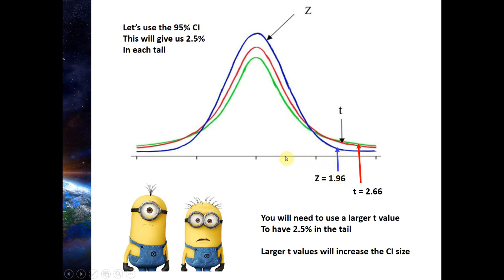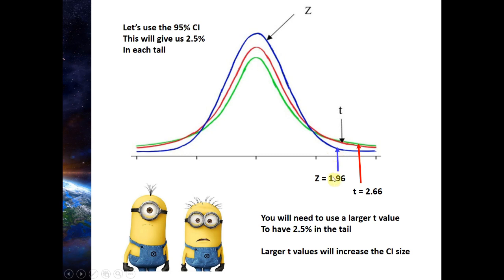Now, also remember that the total area under the curve between plus and minus 1.96, that middle portion here, is 95%. Well, if this is 95% in the middle, that means we have 5% left over, right? Because it has to sum to 100%. So with the 5% left over, 2.5% are going to be in this tail, and 2.5% are going to be in this tail.